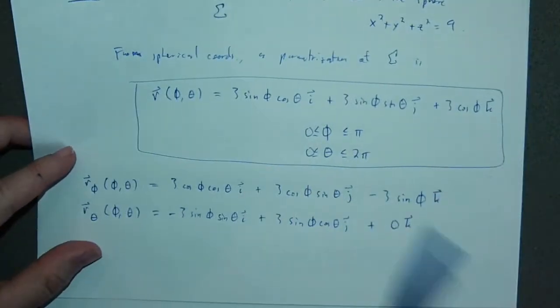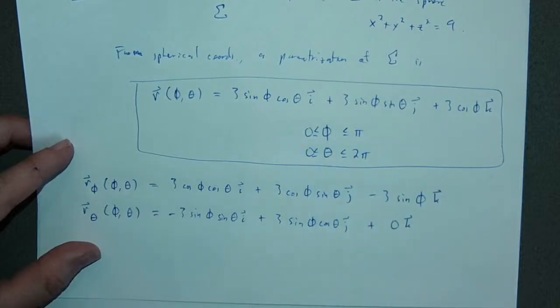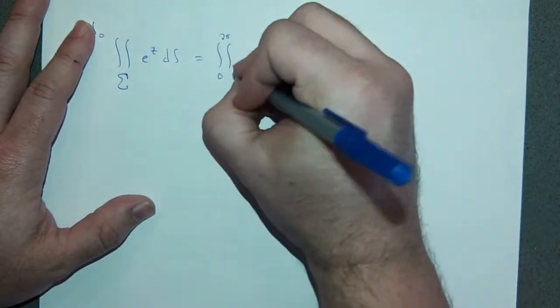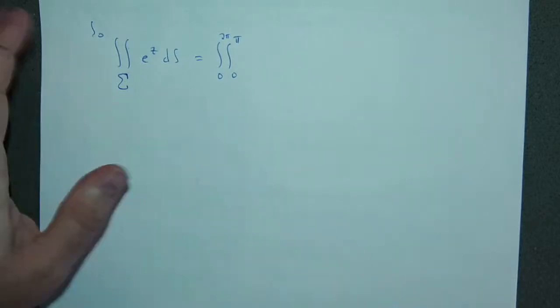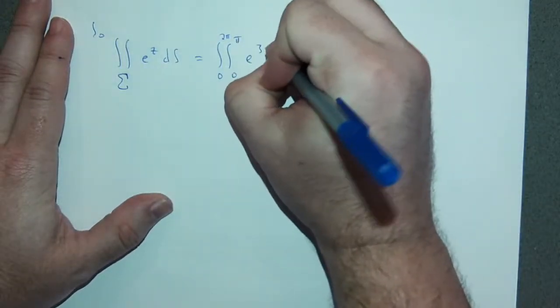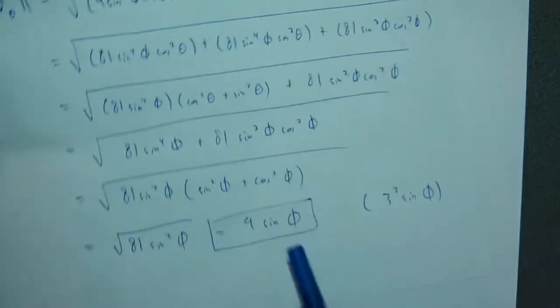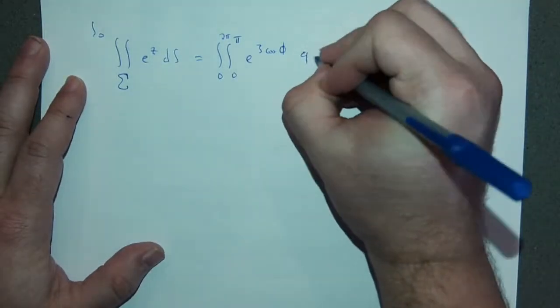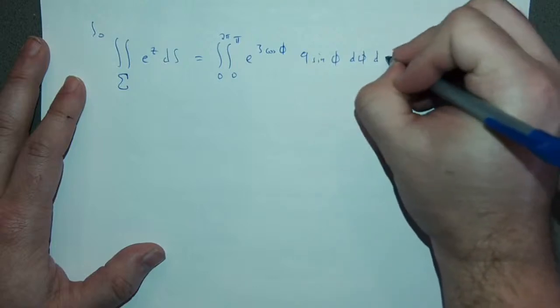The region R here is the rectangle in the phi theta plane given by this. So it's a rectangle. I could actually do this in any order I want to. But this is 0 to 2 pi, 0 to pi. This is e to the 3 cosine phi times 9 sine phi d phi d theta.